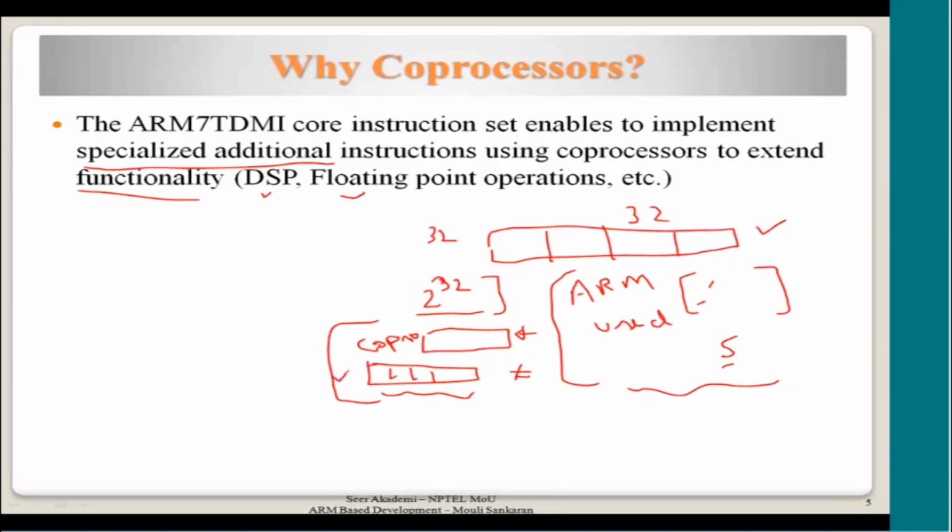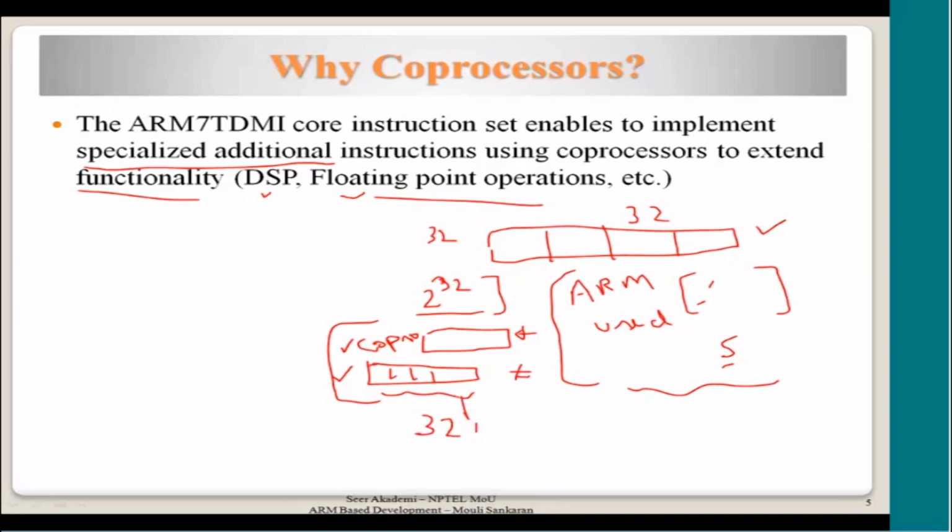Then we will talk about what instructions are supported in coprocessors, and how different coprocessors can use them to support their functionalities. One thing we have to remember: the coprocessor instructions are also 32-bit wide.